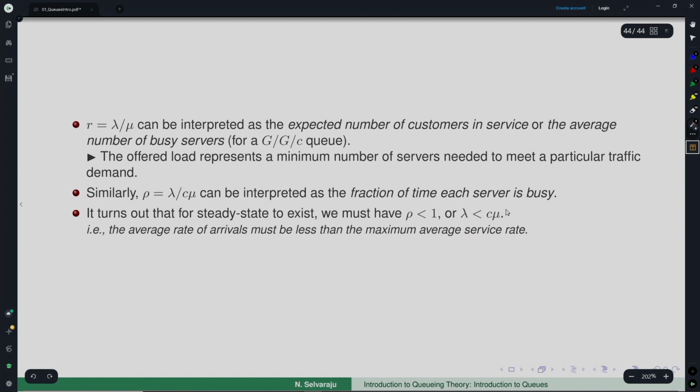And obviously rho greater than 1 means the average rate of arrivals exceeds the maximum service rate of the C servers together, so things are not going to be stable and will explode. So, for stability, or the steady state as we call it, to exist, we must have this condition.